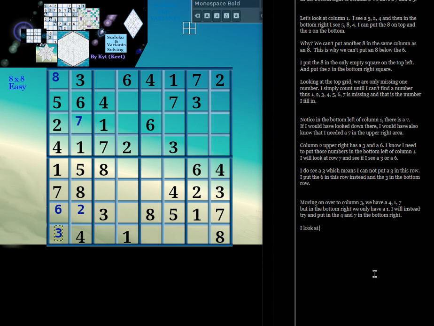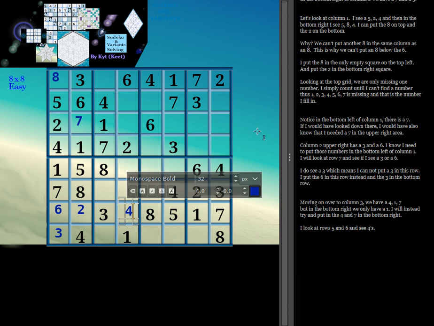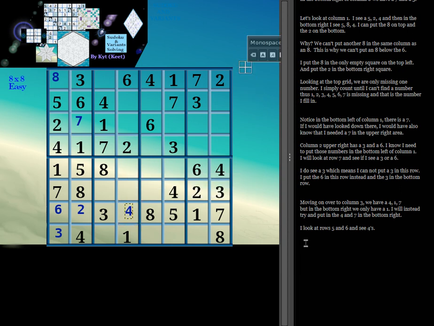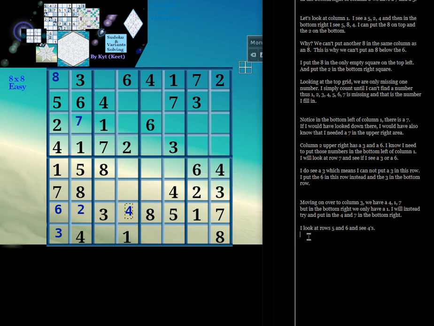I look at rows 5 and 6 and see 4s. This leaves me only one spot to put a 4.